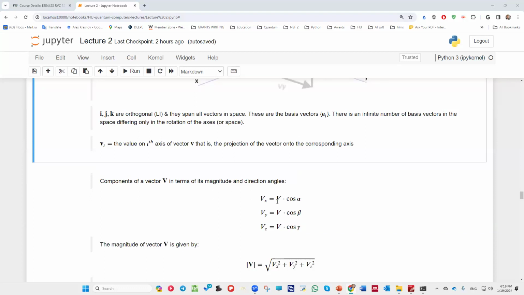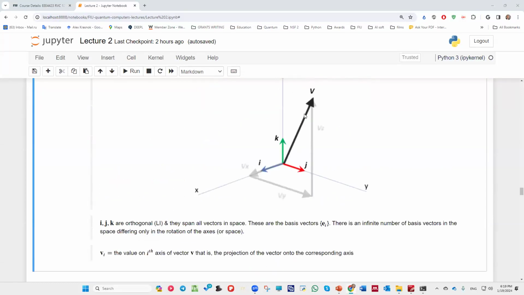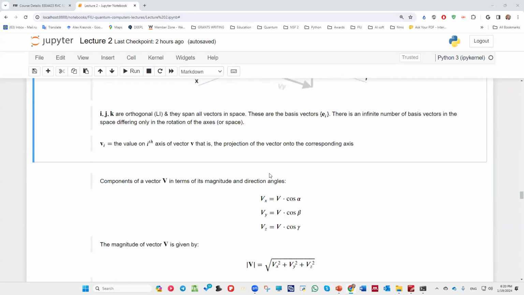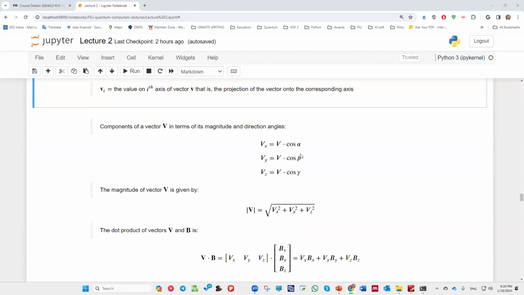Yeah, so the projections themselves can be found through the cosines of the corresponding direction angles. The angle between vector v and x is angle alpha, the angle between v and y is angle beta, and the angle between v and z is angle gamma here. So this is how we calculate these projections.